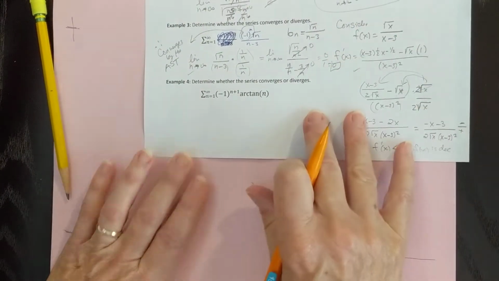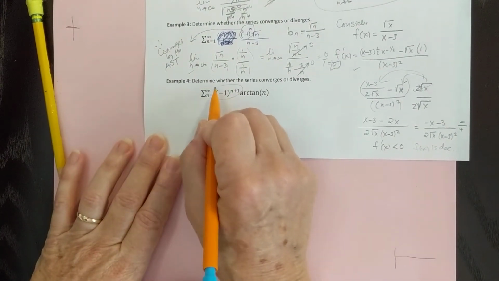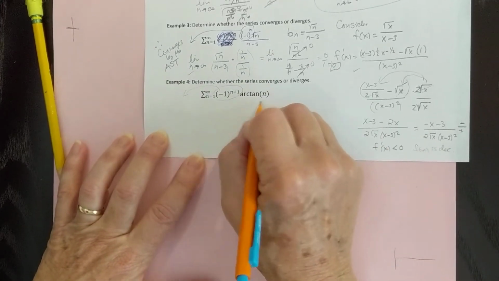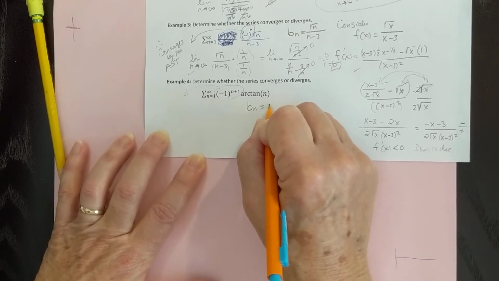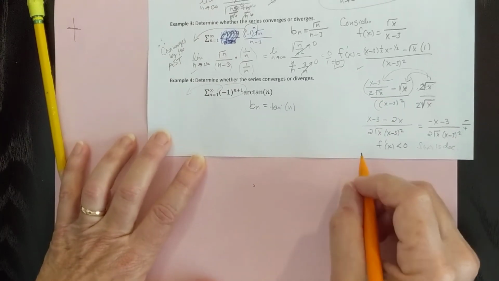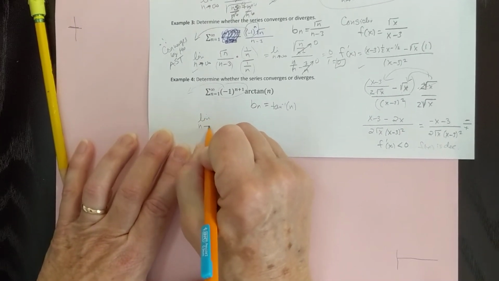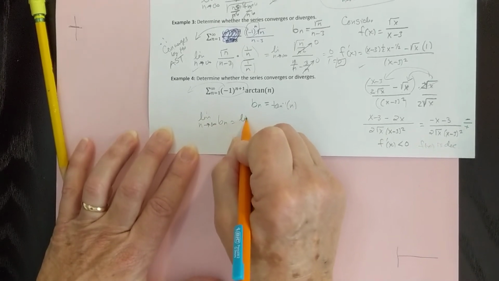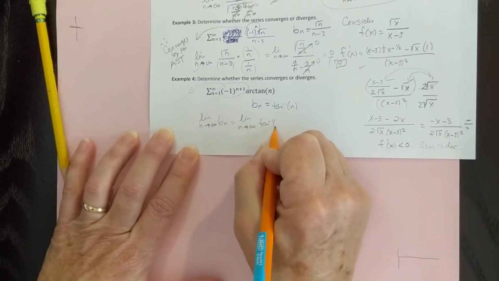Lastly, let's look at example 4. This is the alternating part, so we're going to dismiss it for a moment and concentrate on the part that's not alternating. So b sub n in this case is arctan, or tangent inverse, of n. The limit as n goes to infinity of b sub n is the limit as n goes to infinity of the tangent inverse of n.